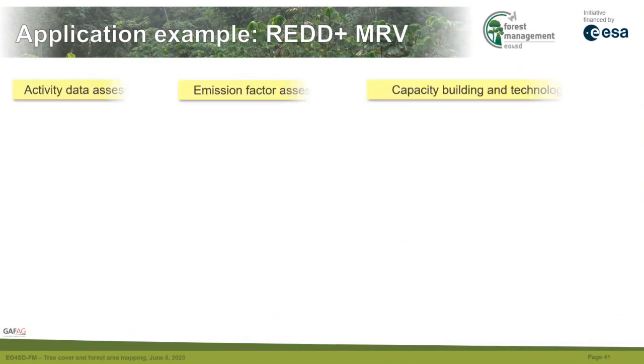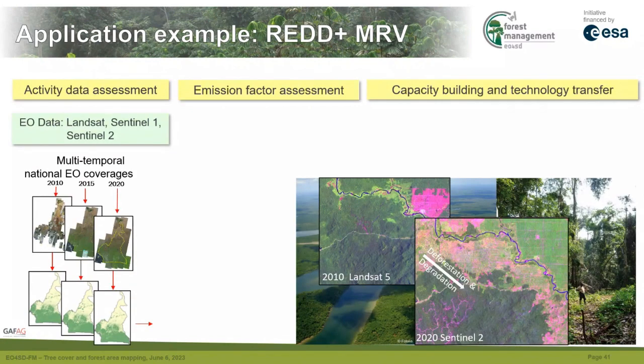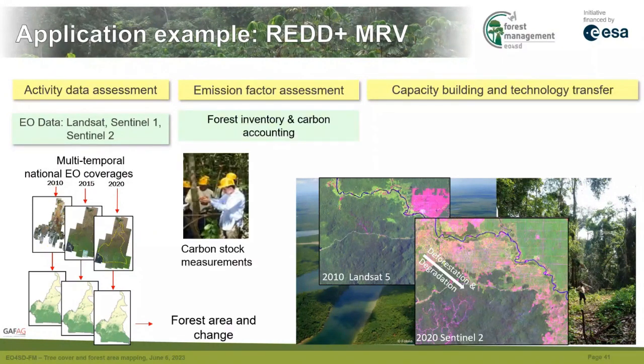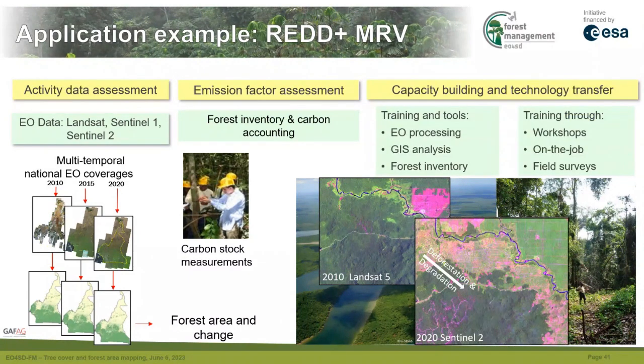And just briefly an application example. So in Cameroon, GAF have contributed with the assessment of activity data and emission factors and transfer of capacities and technologies. For the production of the activity data, a multi-temporal analysis of satellite imagery was done, using Landsat data, but as well optical and radar imagery from Sentinel-1 and 2.